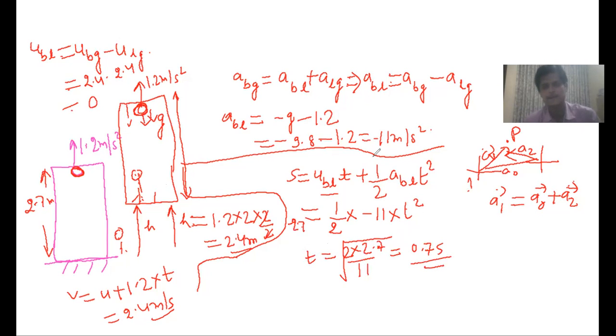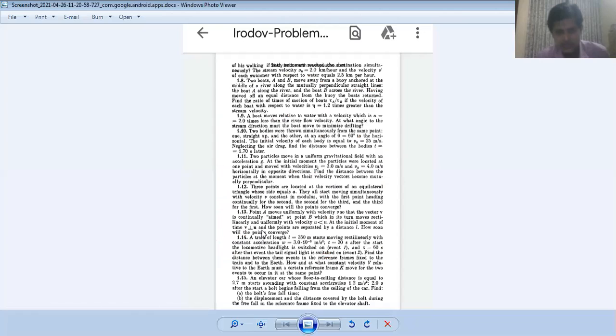Now after that, the question is asking about the distance and displacement covered by the bolt during the free fall in the reference frame fixed to the elevator shaft. Actually, the elevator shaft is fixed to the ground.